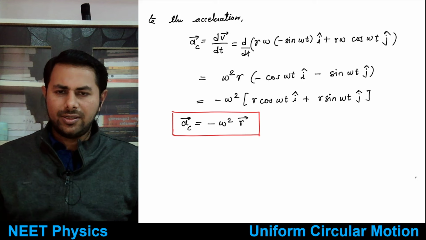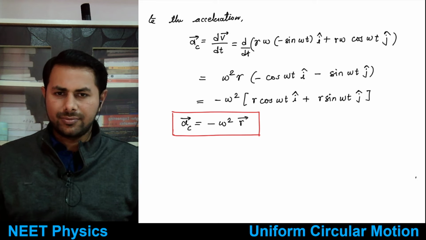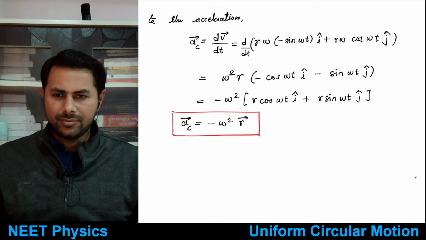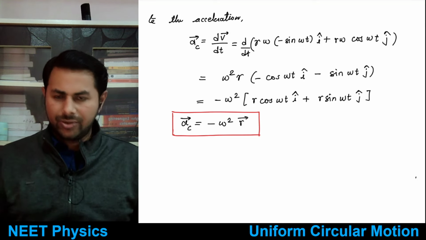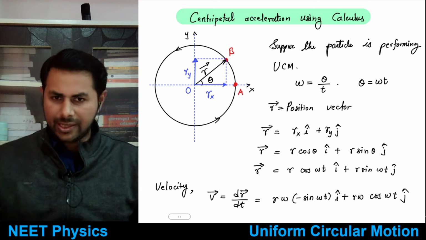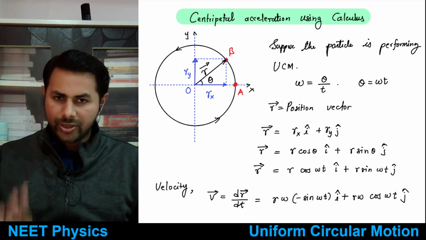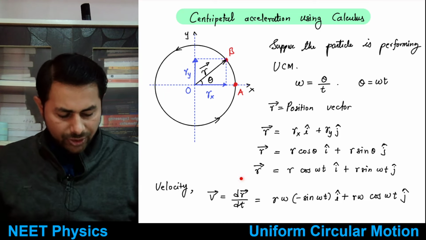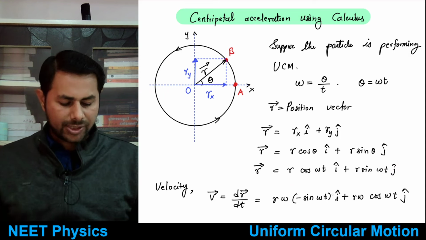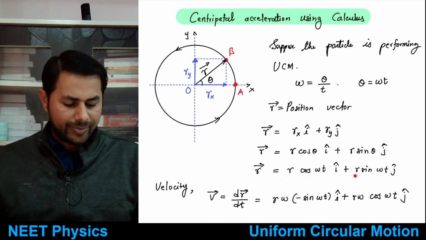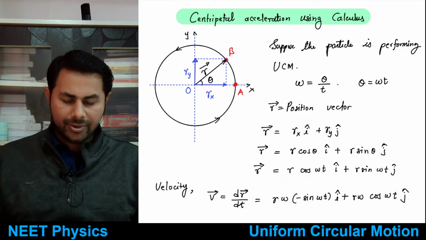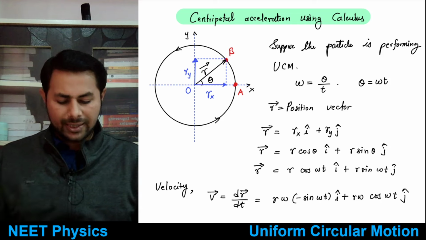So this thing is clear, everyone? Yes, no? Right, very good. So now what do we need to remember from this derivation? First of all, the resolution of this radius vector: r bar is equal to r cos omega t into i cap plus r sin omega t into j cap, if your object is moving in the anti-clockwise sense.